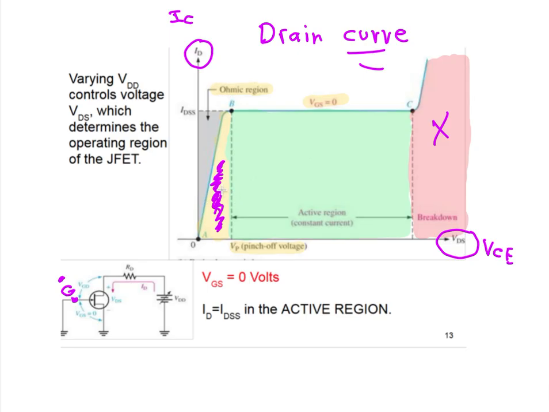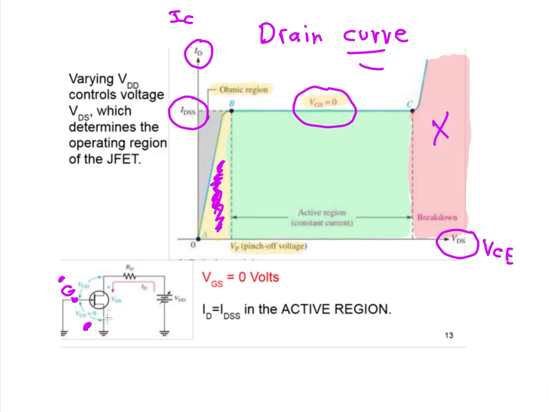Okay, so ID is at a maximum. And on a data sheet for a JFET, it specifies when VGS is equal to 0, ID is at a maximum current called IDSS, which is called the saturation current.